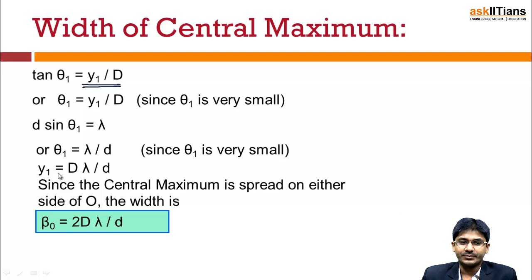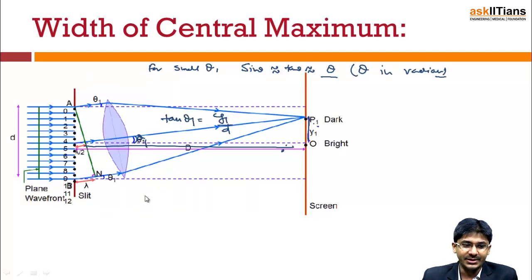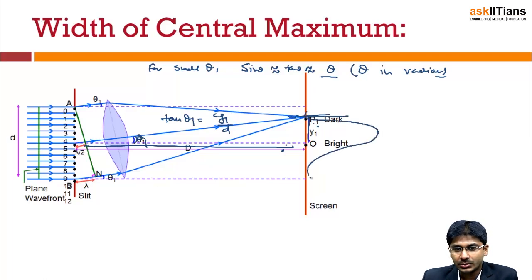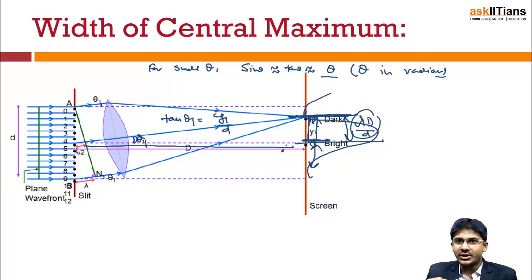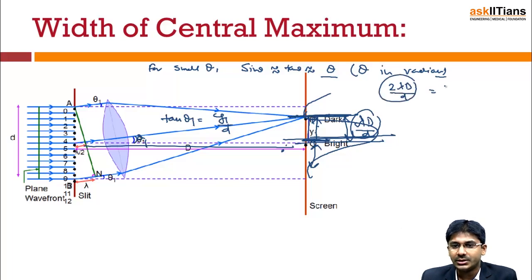This is y1, this length, measured from the origin. So what will be the width? The width will be twice of this, because it expands to the other side also. So the central maxima width is 2 lambda capital D by small d. This is the width.